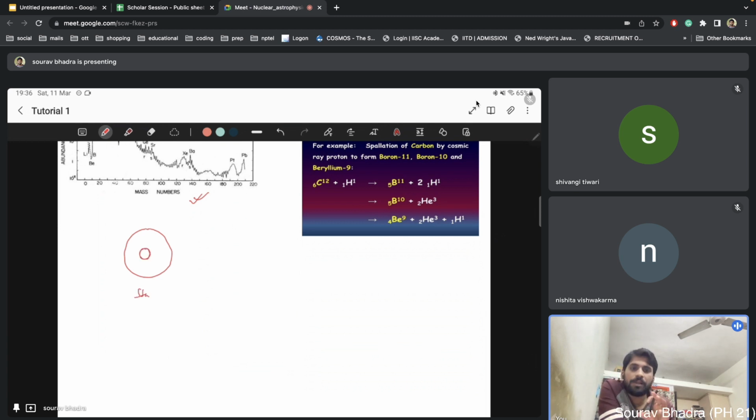The temperature of the core is very high, the highest temperature will be at the core, and the fusion will start from the core. This core will fuse hydrogen to helium, then helium to other elements, then it will go to higher elements, meaning higher atomic number or proton number elements, and it will go up to iron.